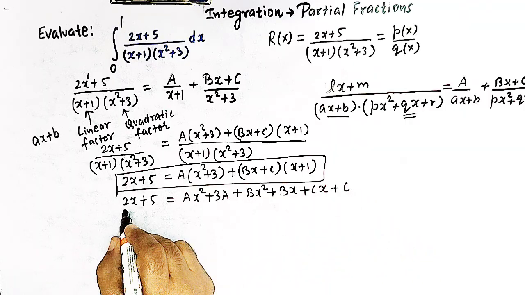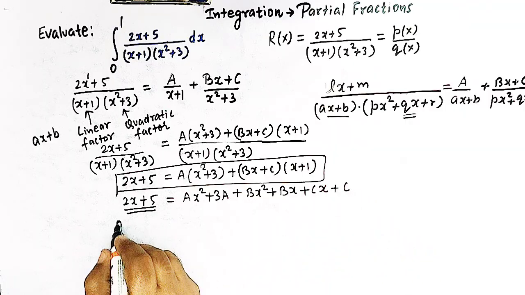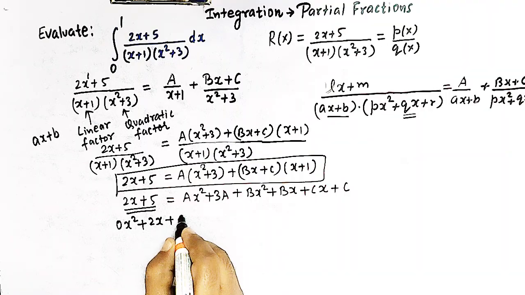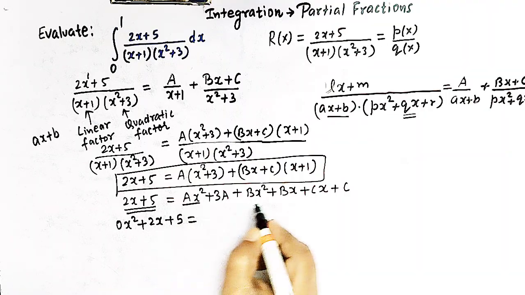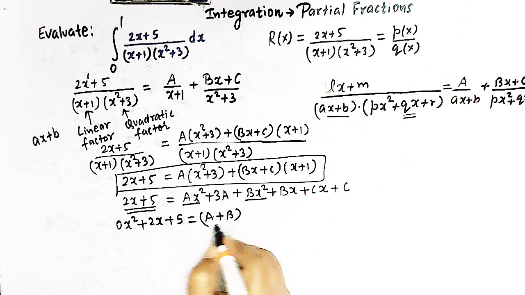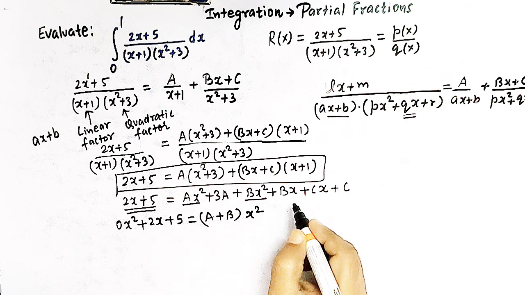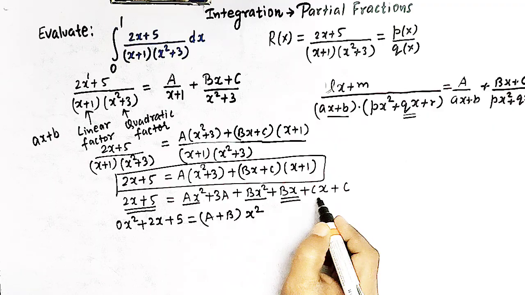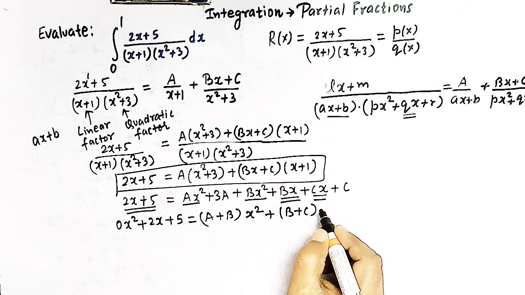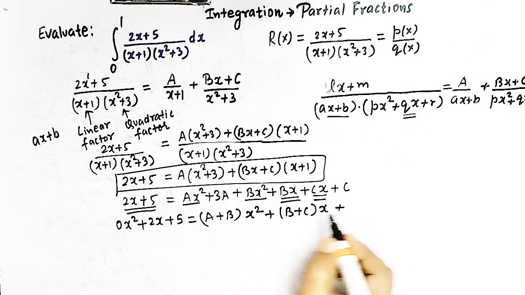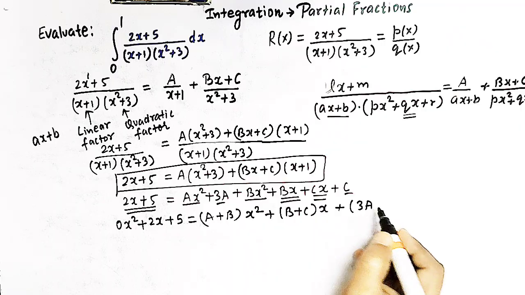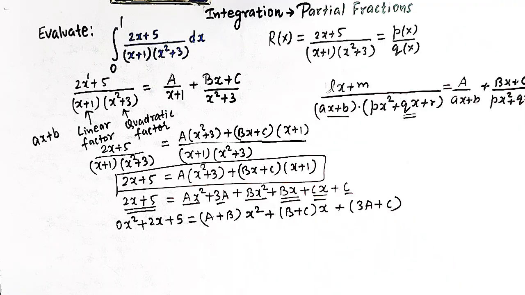Now this expression can be written as 0x square plus 2x plus 5, and we can collect terms: a plus b times x square, then b plus c times x, and then the constant 3a plus c, right?